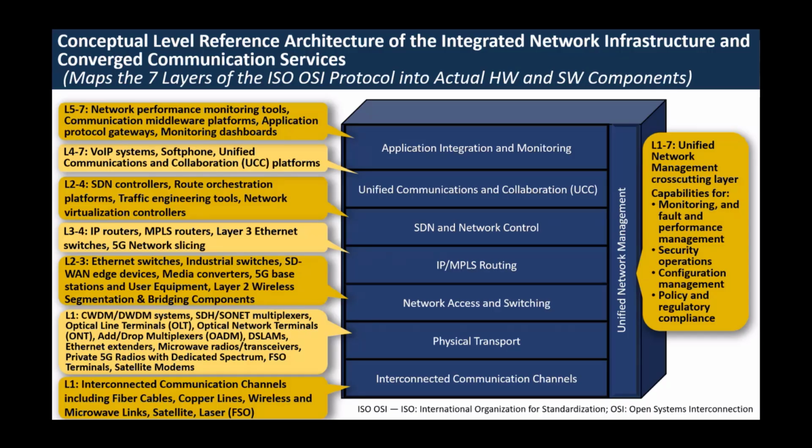This is a conceptual level reference architecture of the integrated network infrastructure and converged communication services. And we are not going to go through each architectural building block of this diagram, but the message from this slide is that this diagram actually maps the 7 layers of the ISO Open System Interconnection Protocol into actual hardware and software components.